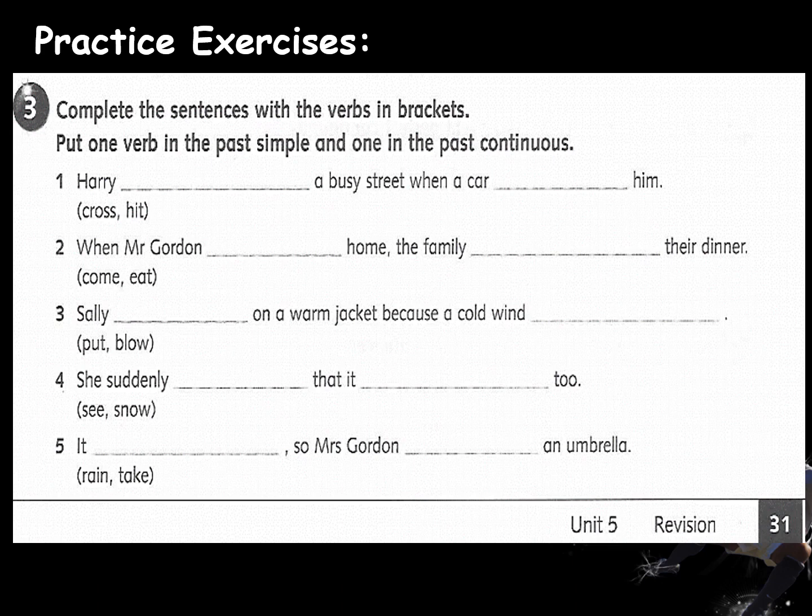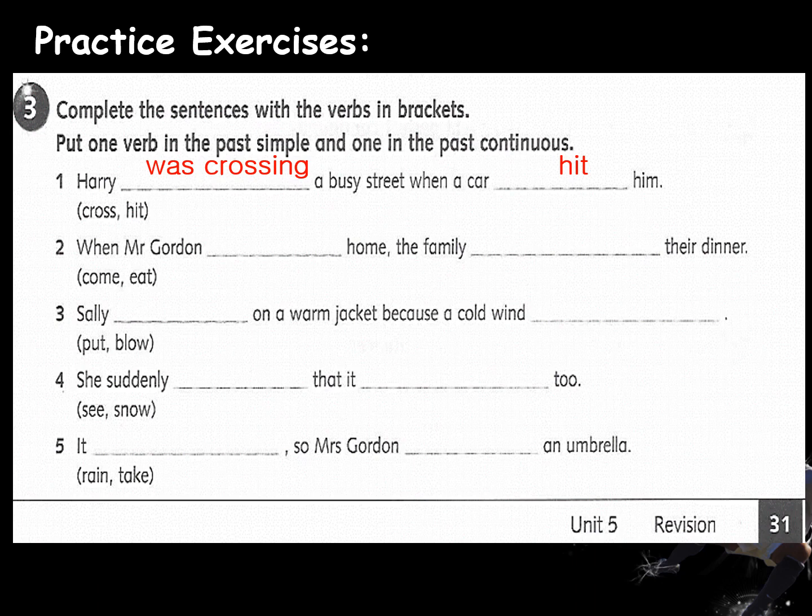So which of these will have the past simple and which one will have the past continuous? Okay, let's make it as an example. So Harry was crossing a busy street when a car hit him.